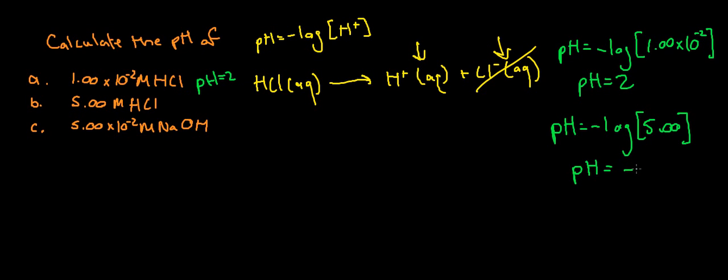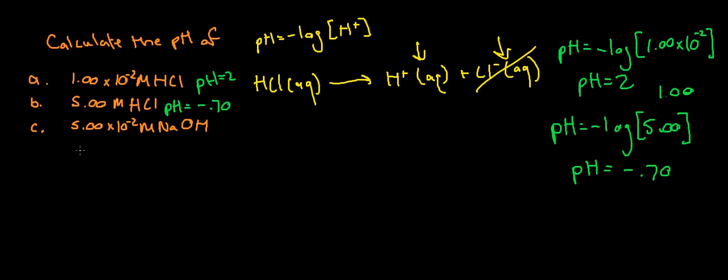In this case, the pH is a negative number. Let's round that up. Anytime the concentration is over 1.0, then we'll get a negative pH.